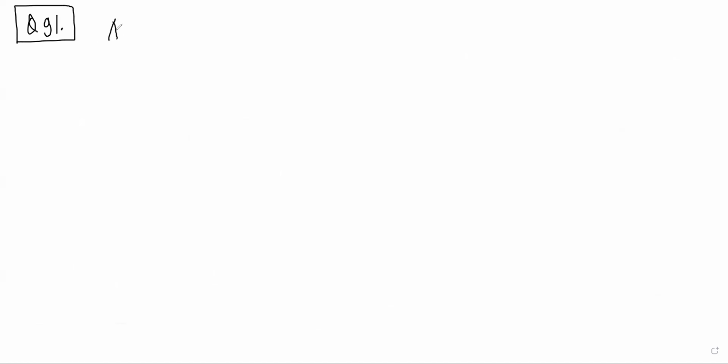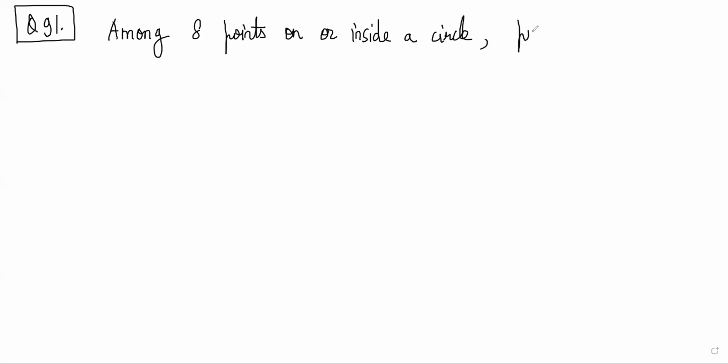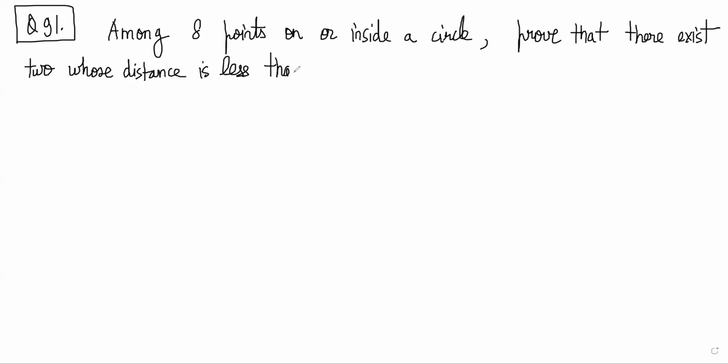The question says, among 8 points on or inside a circle, prove that there exist two whose distance is less than the radius of the circle.